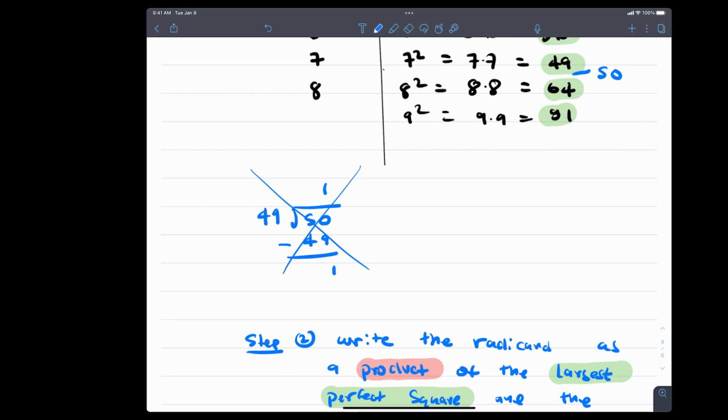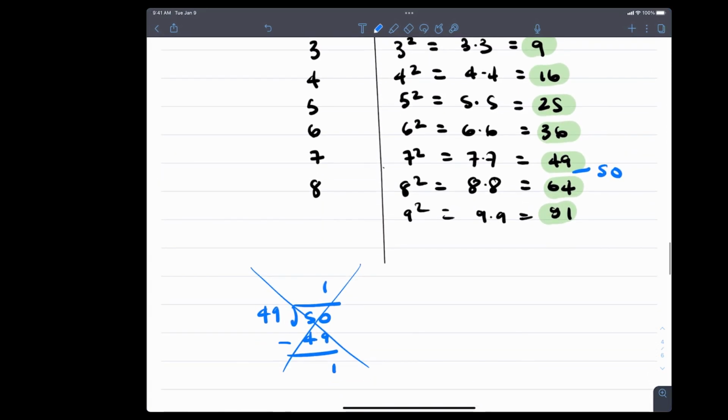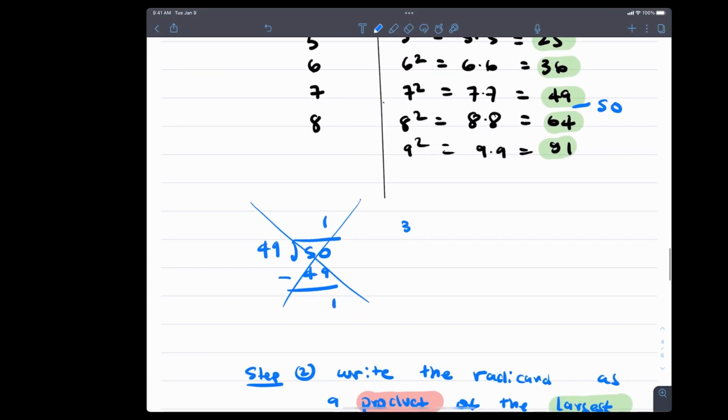Has to have a 0 remainder. Okay, check the next. What's the next perfect square? 36 goes into 50. Once again, 1 times 36 is 36. Subtract. What's the remainder? Isn't that 14? That's not it. That's not it either.